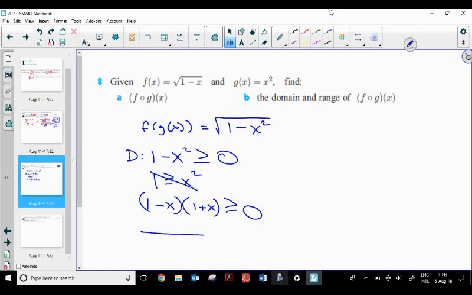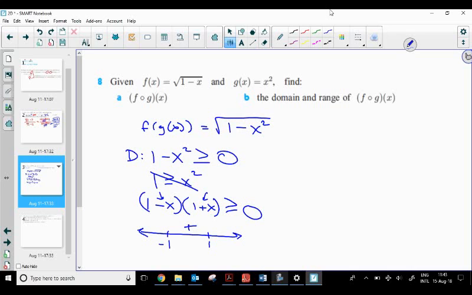And drawing a sign diagram. Again, that's officially from Chapter 2, Section F, but I think you should have already watched it by now. My two important values here will be -1 and +1. -1, of course, from the right factor, and +1 from the left. Using a test value in between them would be 0. If x was equal to 0, I will have 1 times 1, which is a positive number.